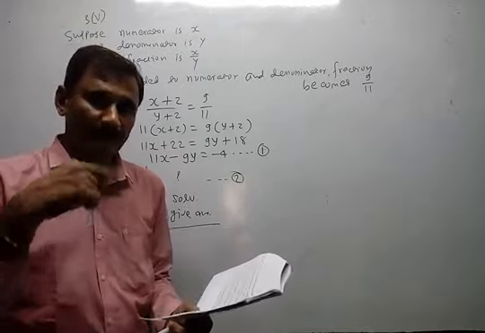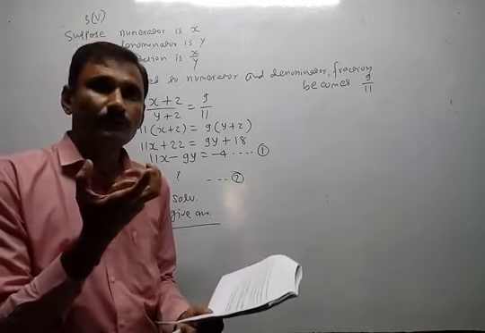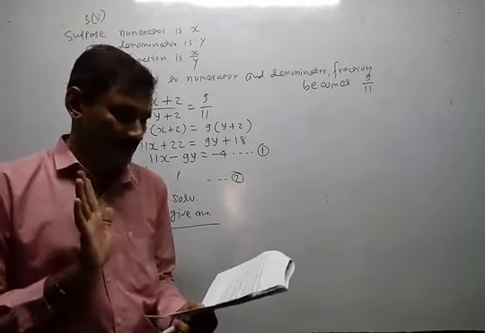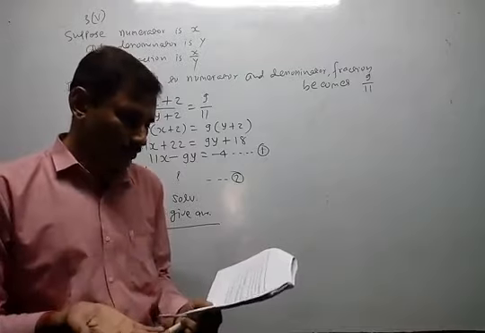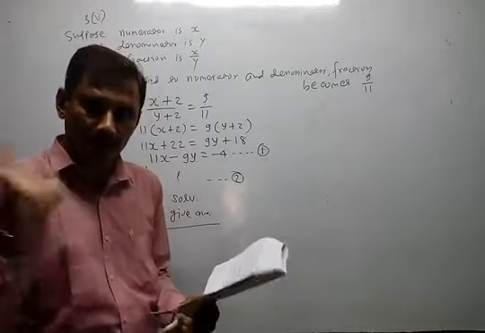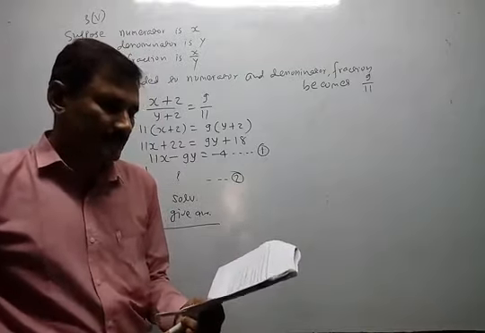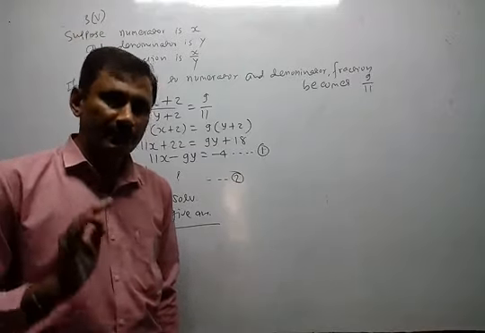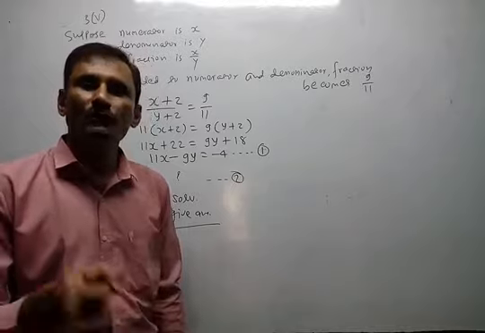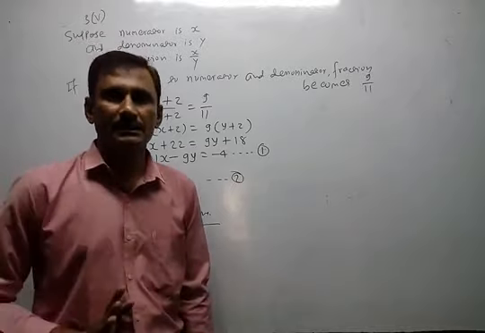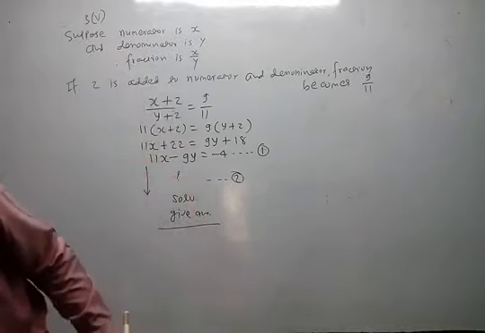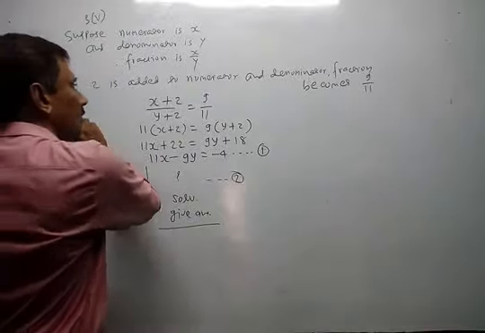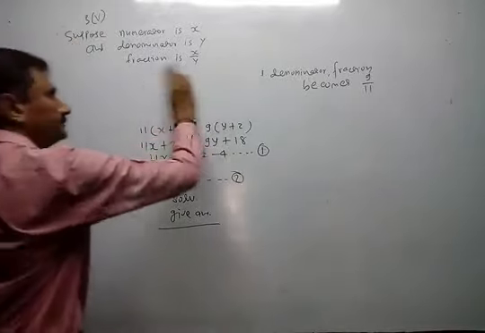And 5 years ago, Jacob's age was 7 times that of his son. What are their present ages? They always ask for present age, and we always have to suppose present age. So first of all we suppose the present ages of both persons.